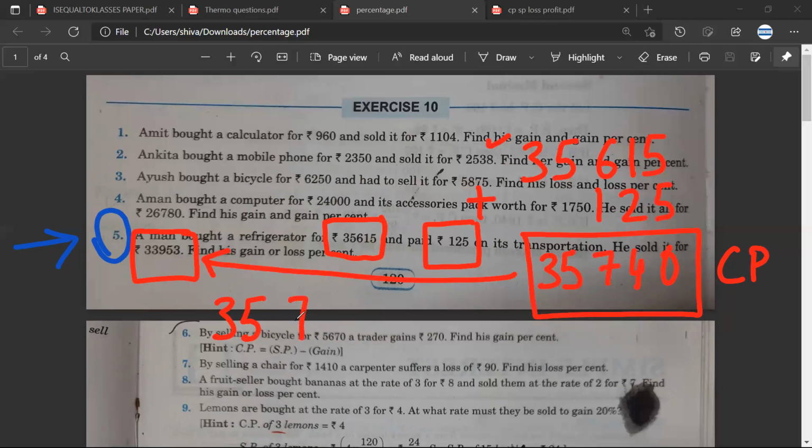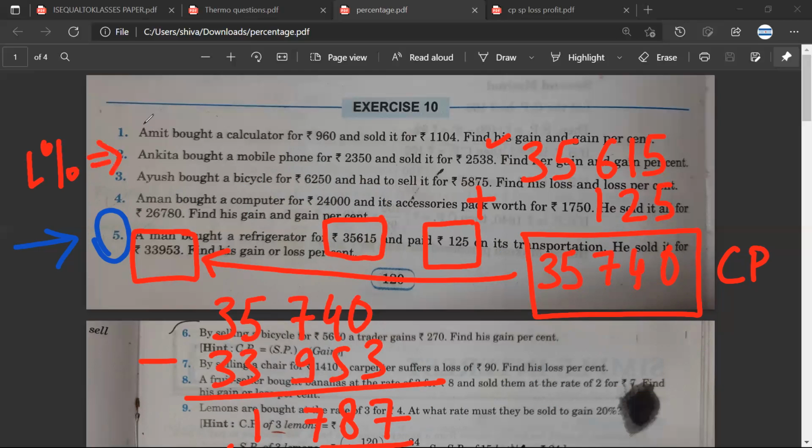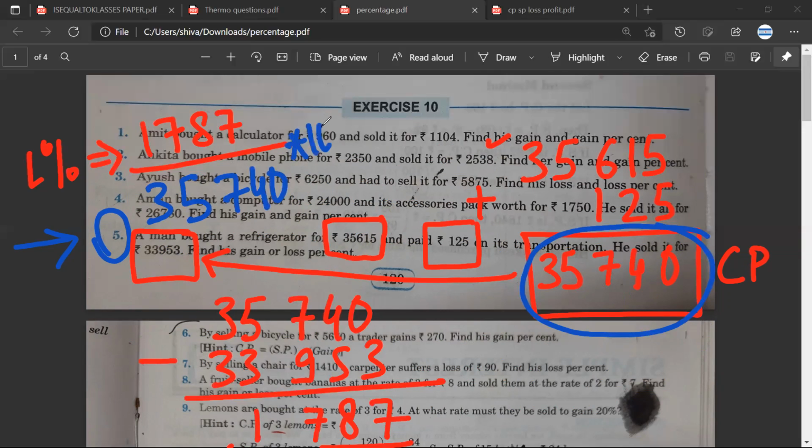Mr. Aryaman, do you agree? Yeah. So this is the loss that he has made. Now this loss in terms of percentage would be 1787 upon this whole 35740, 35740 into 100.